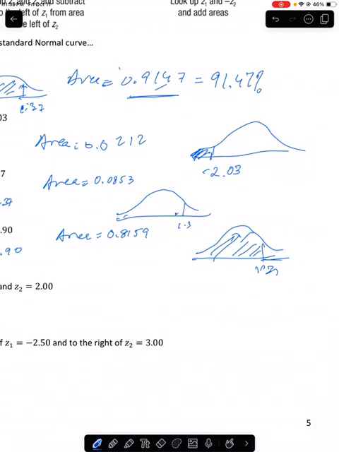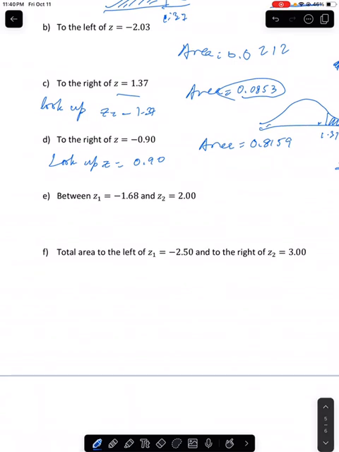The next one is saying area between these two Z values. So we will look up Z1, which is equal to negative 1.68. So we look up the area. Rewrite this, negative 1.68. You put an arrow, you don't need to write area, you just arrow and write the number.